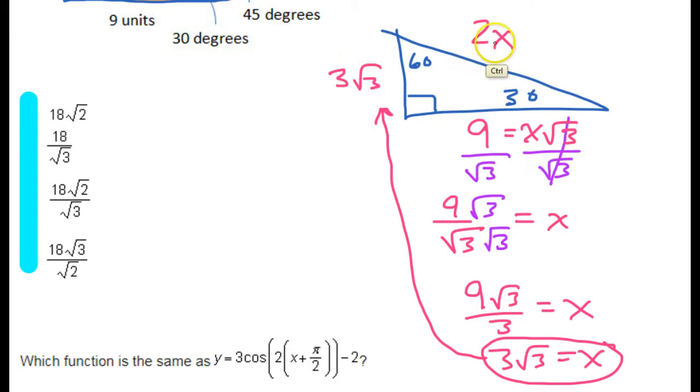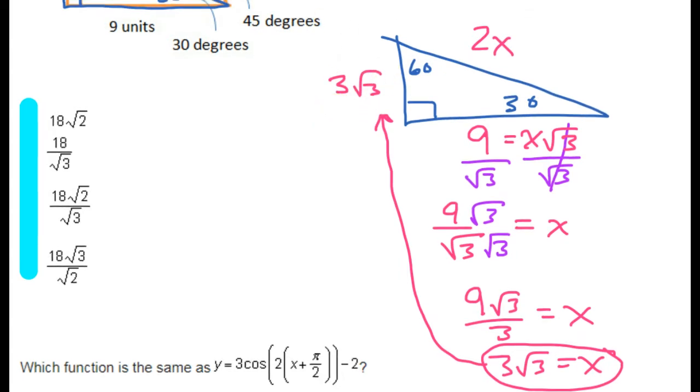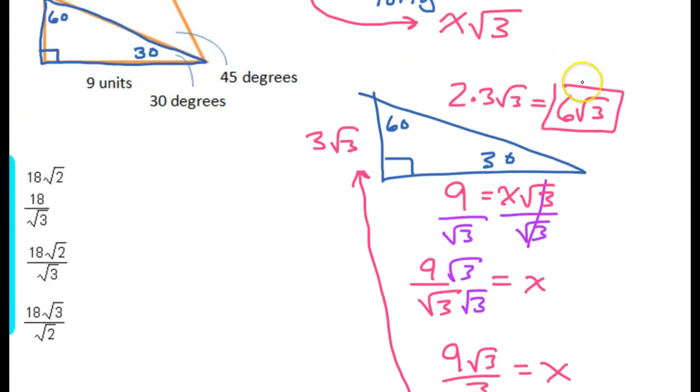But then the hypotenuse is always double that. It's 2 times 3 radical 3. If I multiply 2 times 3 radical 3, that's going to give me 6 radical 3. So this is the hypotenuse.